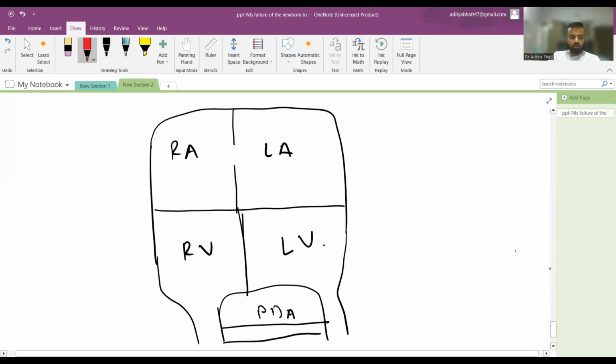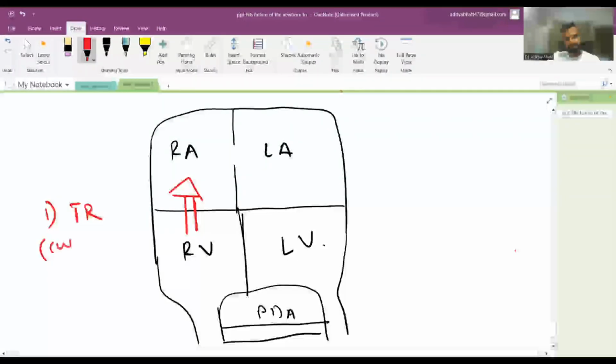So first thing, what is important in PPHN? First of all, there is tricuspid regurgitation. This is the first finding, because the pressures on the right side are more, the PVR is more. That is why some amount of regurgitation will occur in the patient. We see that in continuous wave Doppler.